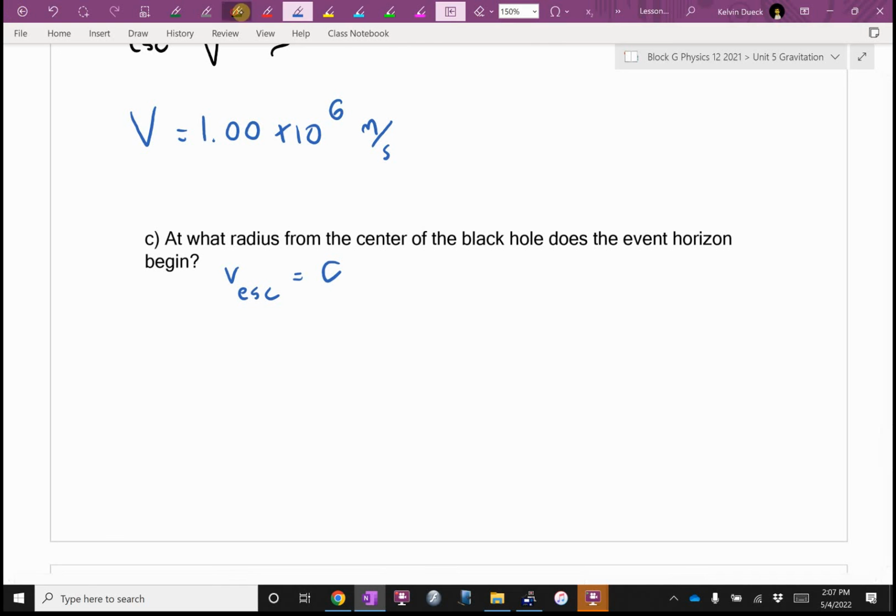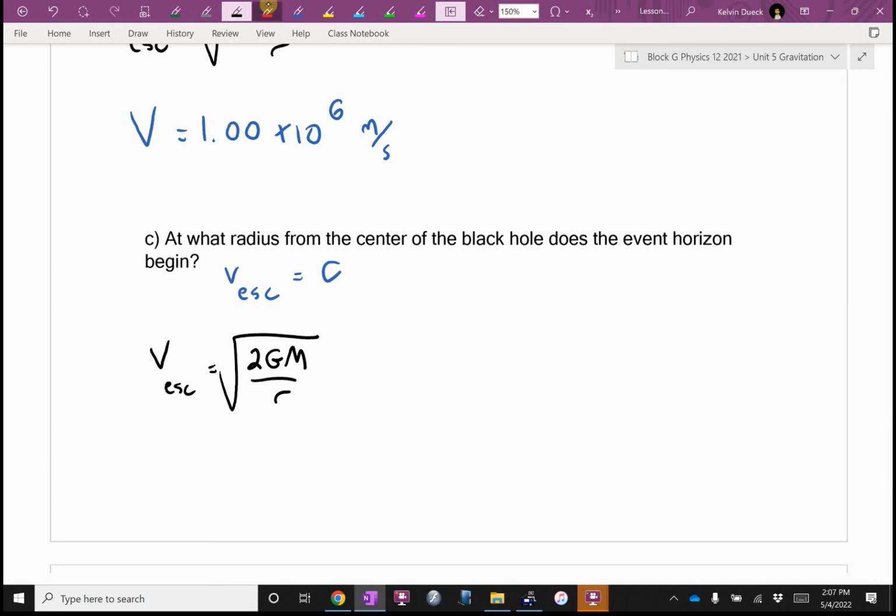So what we're going to do, Zach, is start with escape speed. V escape equals the square root of 2 big G big M over R. We're going to get the R by itself, and then replace V with the speed of light, which is 3 times 10 to the 8th. Zach, where is the R right now? Inside the square root? You know what?